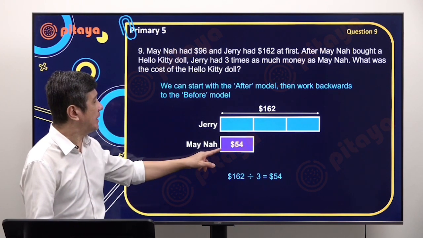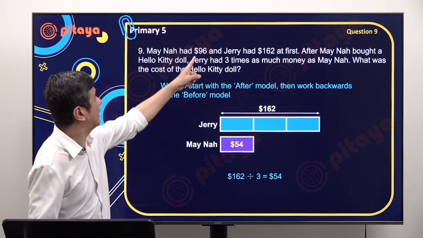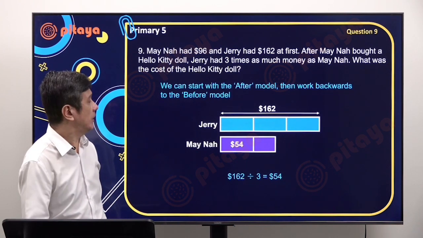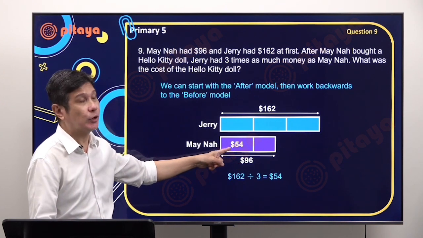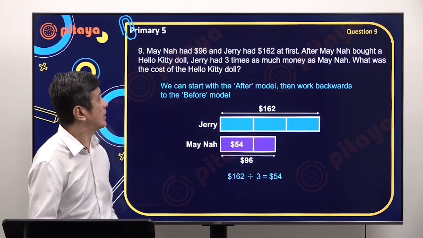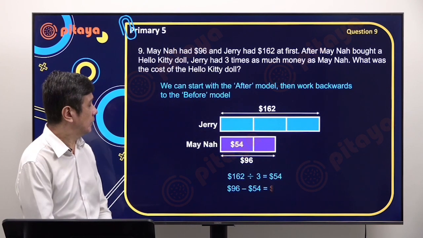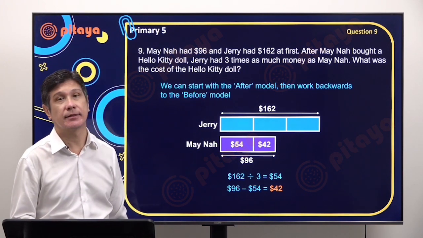So actually, Mena in the end has $54. And we know Mena at first is $96. Therefore, $96 minus her $54 left, that balance is what she paid for the Hello Kitty. So 96 minus $54, that will be $42.